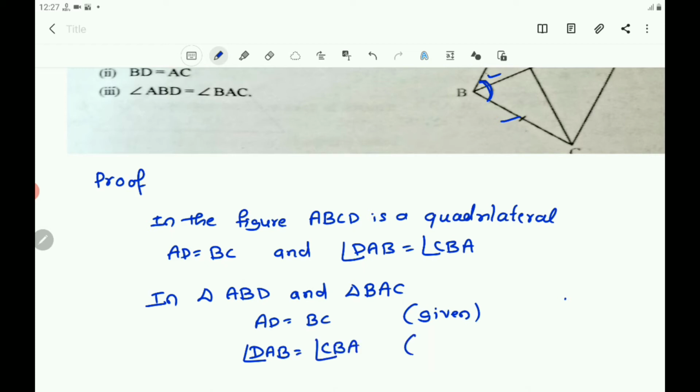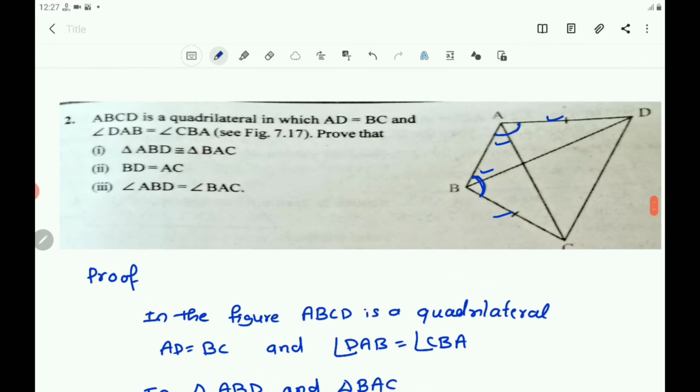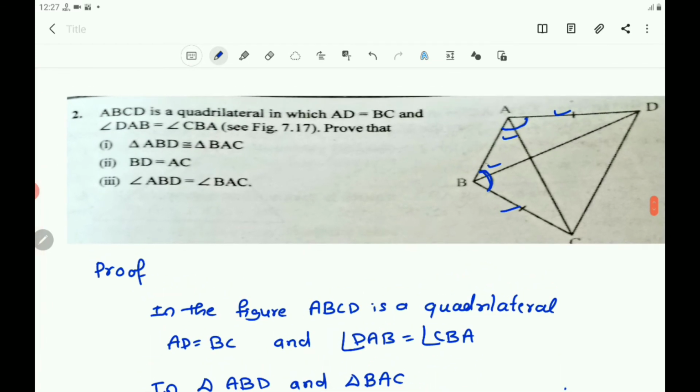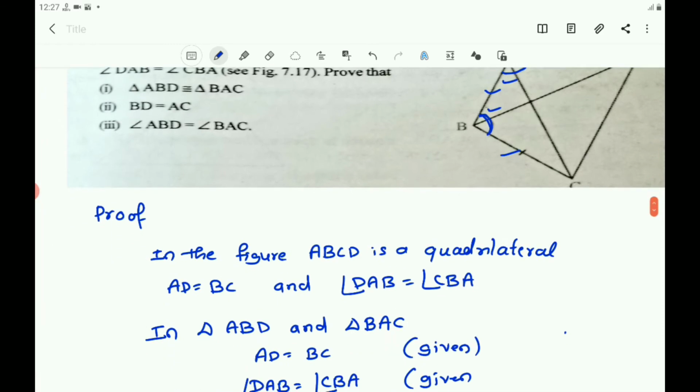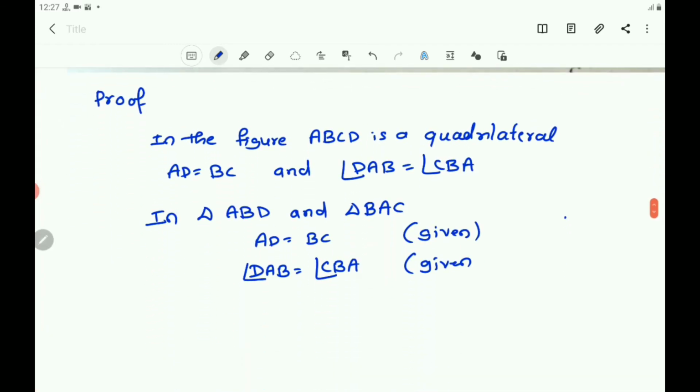That is also given. And in the figure you can observe that here the common side is there. AB is a side of the triangle ABD as well as the triangle BAC. So you write AB equals AB. That is the common side.